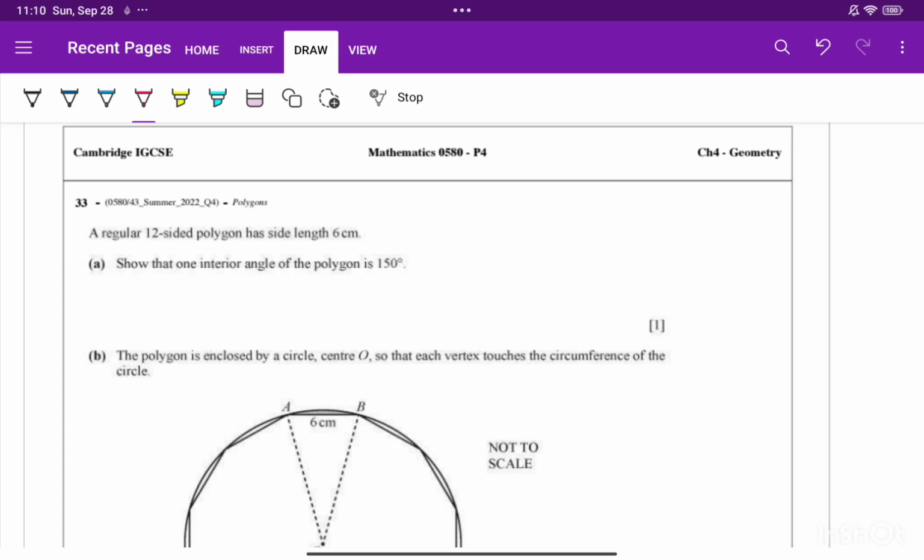Okay, question number 33 has been taken from May-June 2022, question 4. So part A: a regular 12-sided polygon has side length 6. Show that one interior angle of the polygon is 150.